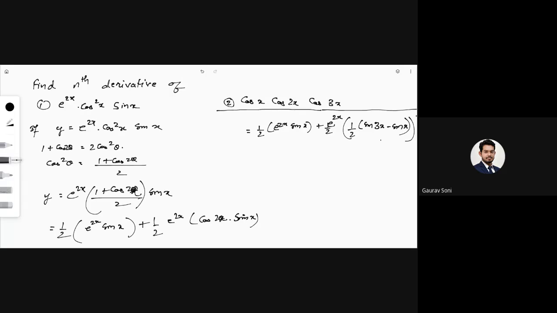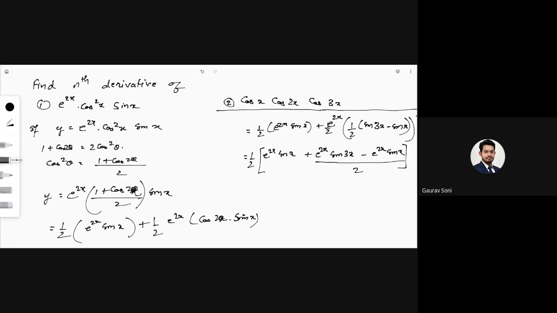Now open the bracket. So 1 by 2 I can take completely outside: e to the power 2x sine x plus e to the power 2x sine 3x minus e to the power 2x sine x, and this divided by 2. So now I can take the nth derivative of this.